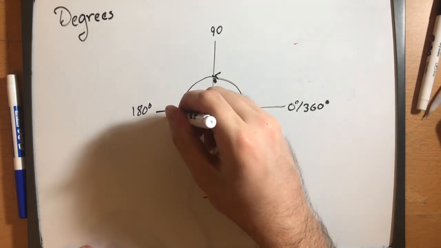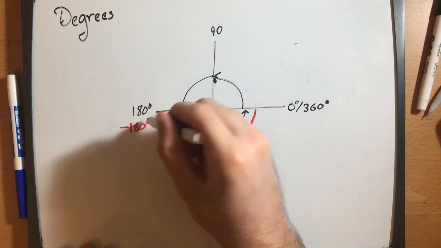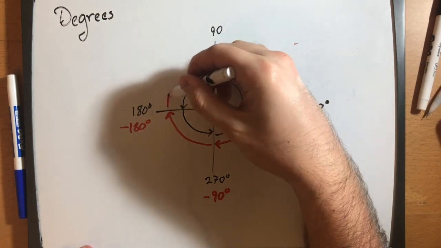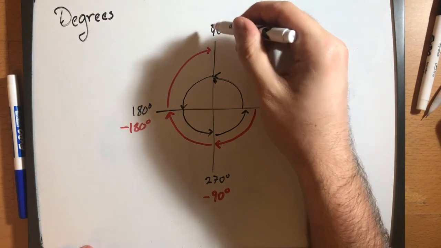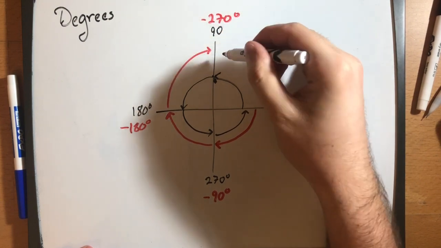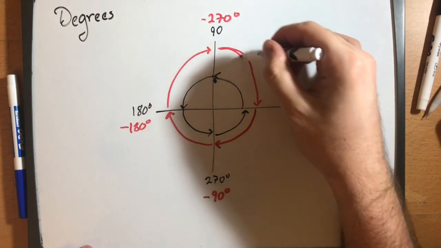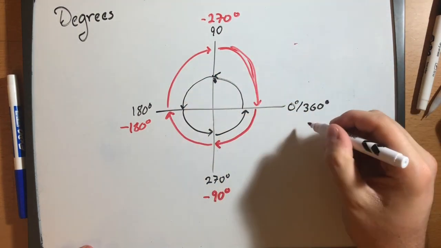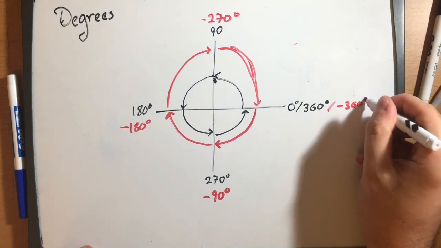From here to here, this would be negative 180 degrees. From here to here, if we're moving clockwise, this angle here would be negative 270 degrees. And then the final turn here, this would be negative 360 degrees.